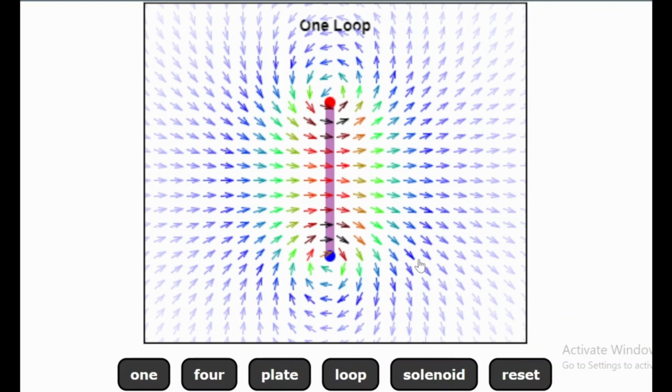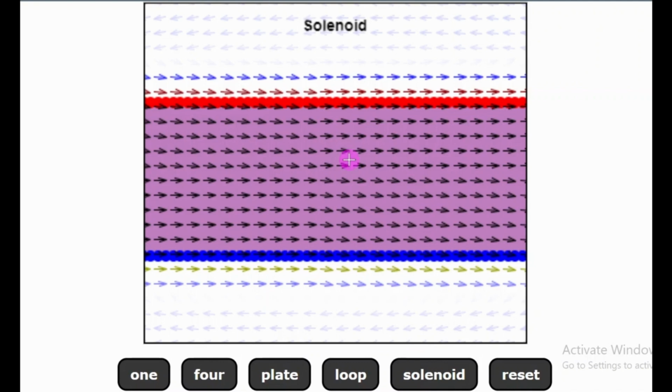And similarly, if we take the solenoid, this is one side of the solenoid that has a large number of conductors in which the current moves. This conductor is moving towards you from your screen, and here is a large number of conductors, all moving from your screen towards you.